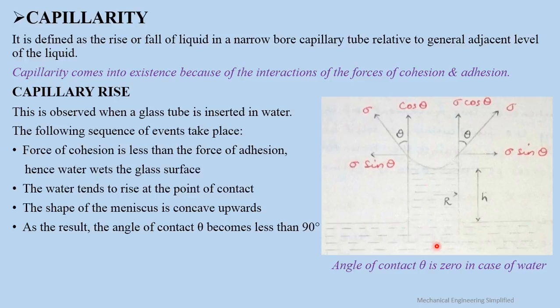There is a liquid, and if you insert a narrow bore capillary tube into that liquid, the level of liquid in this narrow bore capillary tube may either rise or fall with respect to the adjacent level of fluid. That phenomenon is known as capillarity. And capillarity comes into existence because of the interaction of the forces of cohesion and adhesion. In this case, both the forces of cohesion and adhesion play their important role.